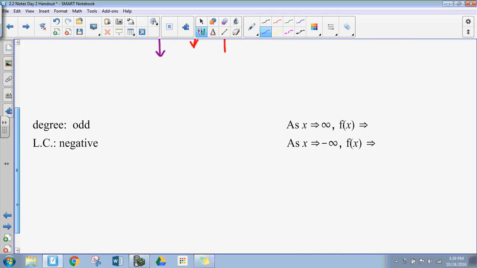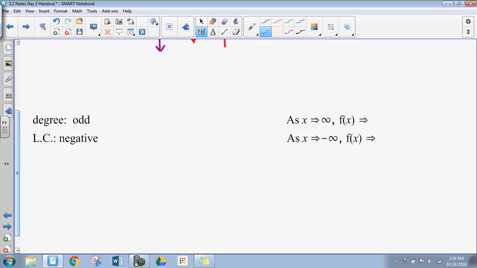So now we're going to look at an odd function again, but my leading coefficient, what's in front of my highest degree, is now negative. It doesn't have to be a 1, it can be anything, -3, -2, whatever that is. So when we go back to our most basic case, that would be negative x. If you think about negative x, that's a line with a negative slope, so it's going down and to the right.